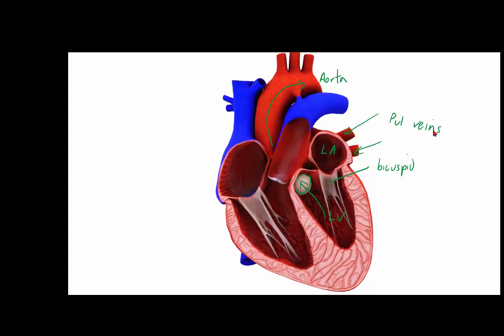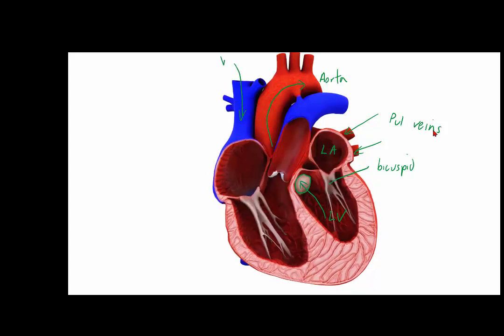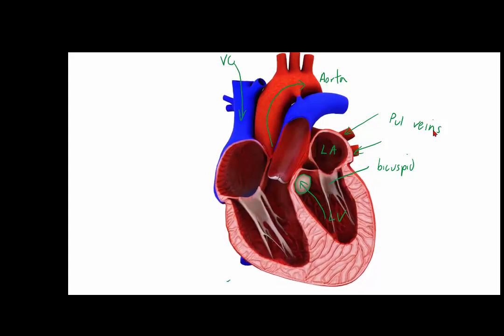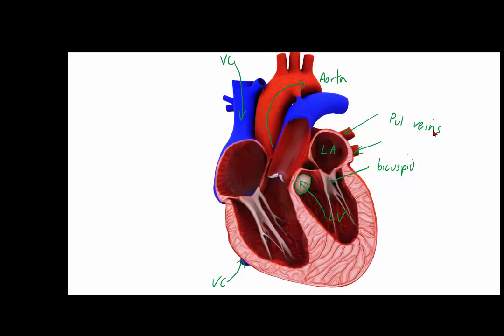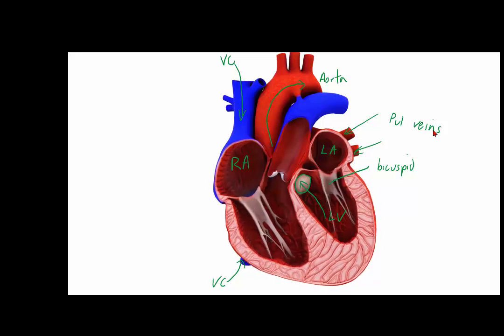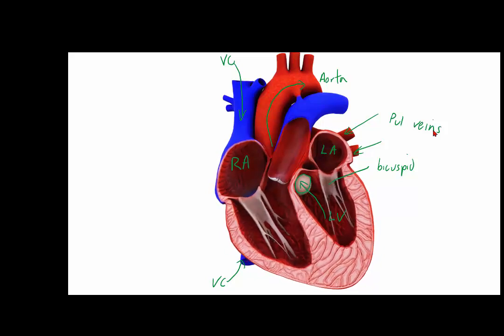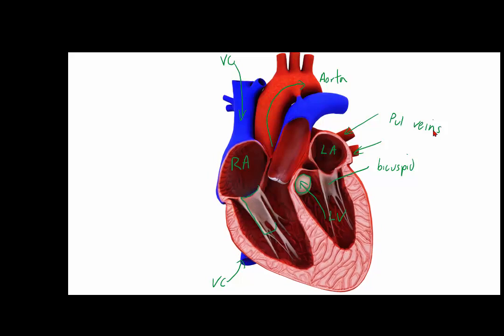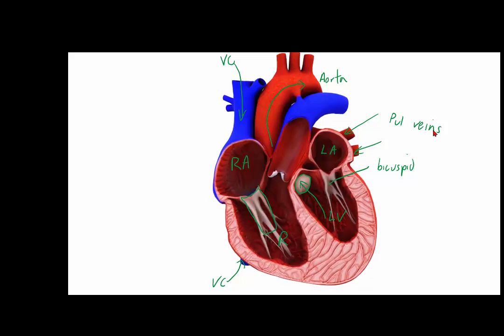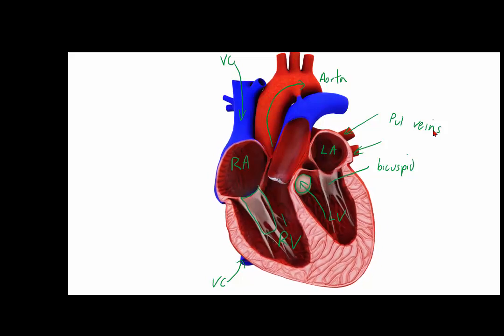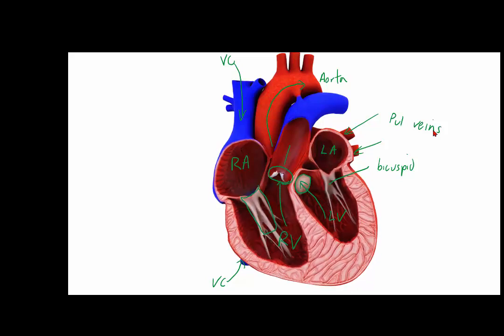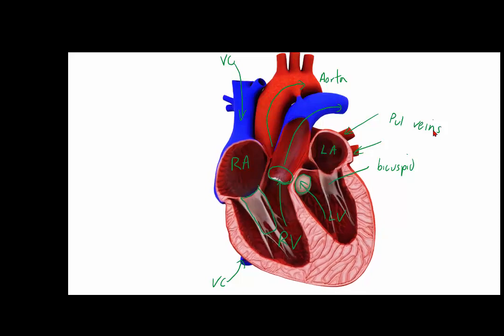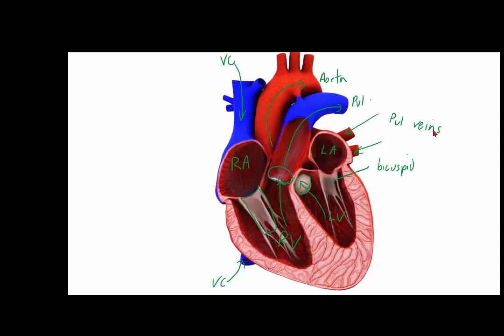At the other side of the heart, what we can see here is the vena cava. And there's the vena cava at the bottom. It brings blood into the right atrium, and it travels through the tricuspid valve, which is here, into the right ventricle, and then the right ventricle pumps blood up and out through the semilunar valves, and then out, and this is going to go to the lungs, so this is the pulmonary artery.